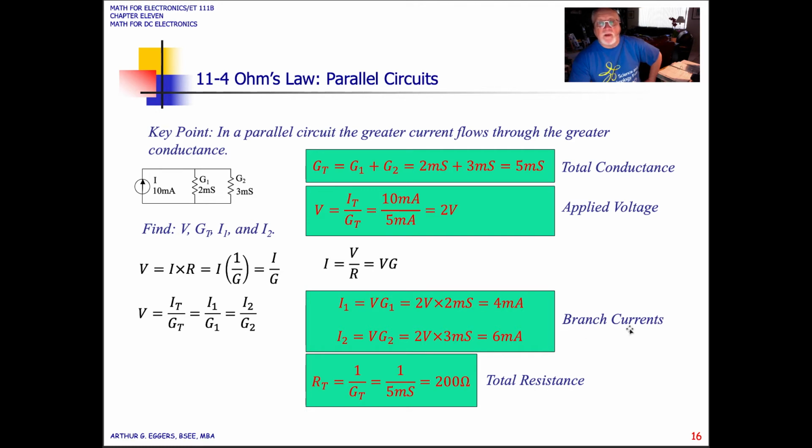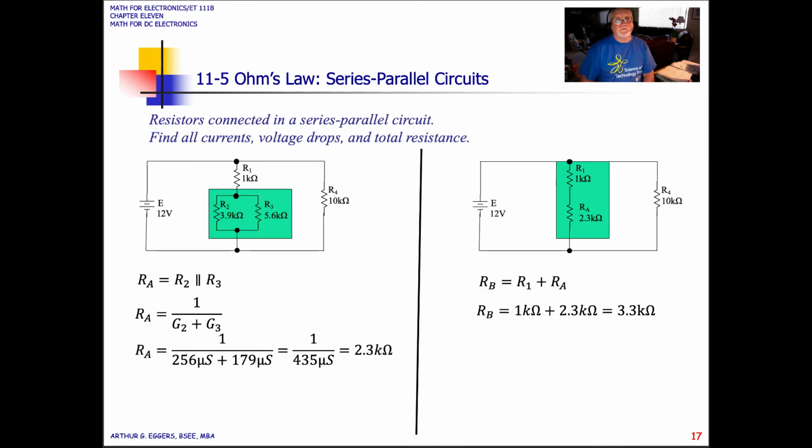So now I know my branch currents going through G1 and G2. Finally, I can solve for the total resistance in the circuit as the inverse of the total conductance, 5 millisiemens, or 200 ohms of resistance. So you see, we're using different relationships to solve for our unknowns.